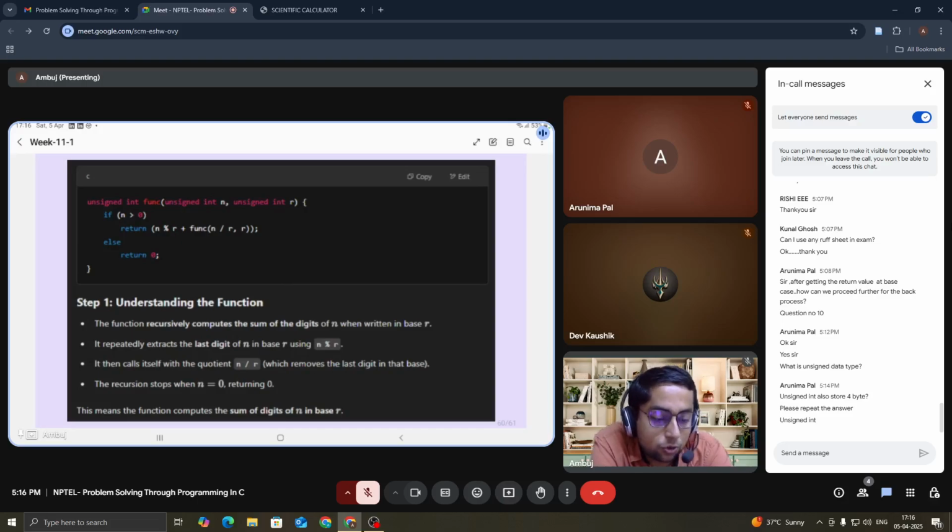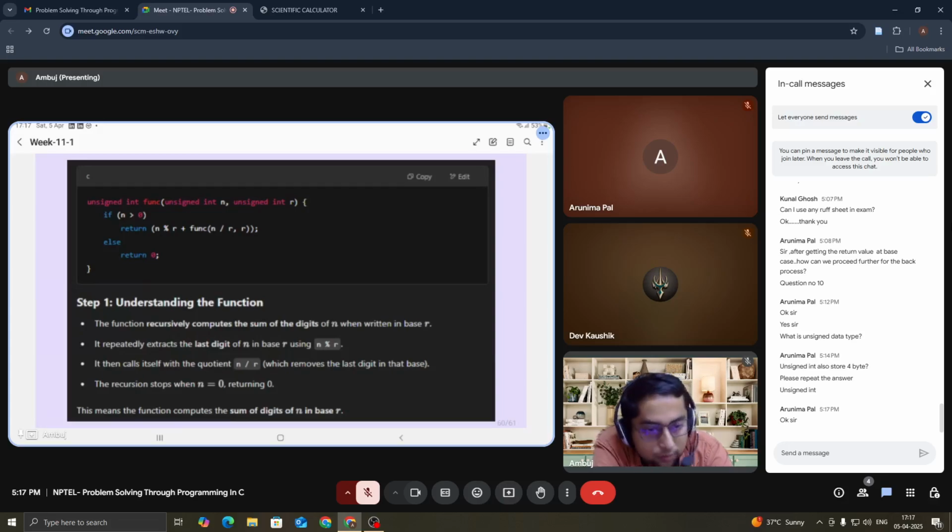You can only store non-negative values from 0 upward. It also has 4 bytes just like the int type, but in int you can store negative values also, whereas in unsigned int you can only store values which are positive in nature, from 0 upward. This is the only difference.